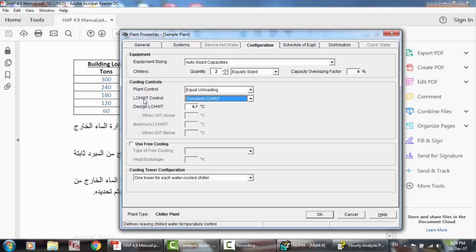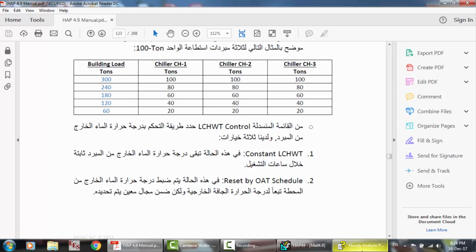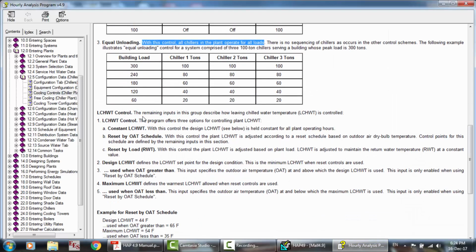For the leaving chilled water temperature control, here is the leaving chilled water temperature control. It can be constant, reset by outdoor air temperature schedule, or reset by load with constant return water temperature. So it offers three options.